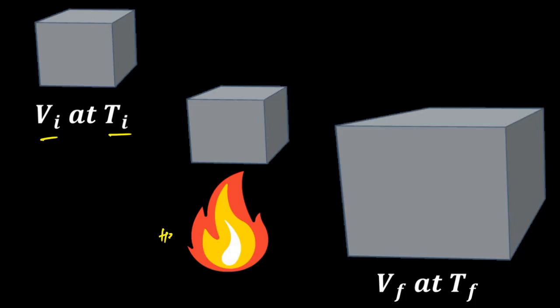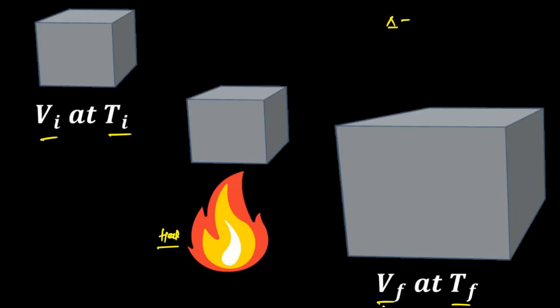It is subjected to heat so that the temperature increases from Ti to Tf. As a result of this heat application and increase in temperature, the volume will increase from initial volume Vi to final volume Vf.